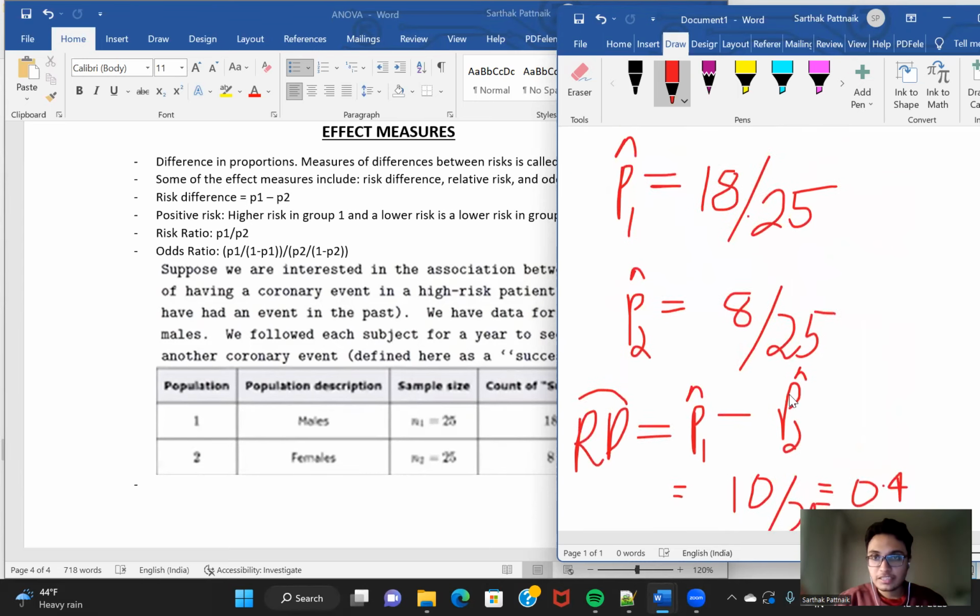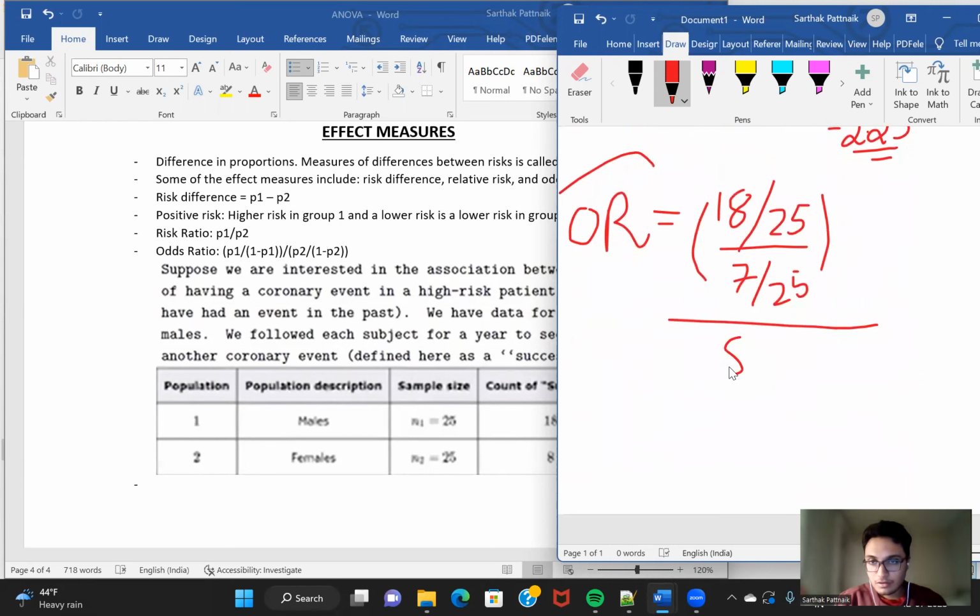We have P2 as 8 by 25. 25 and 25 cancel.